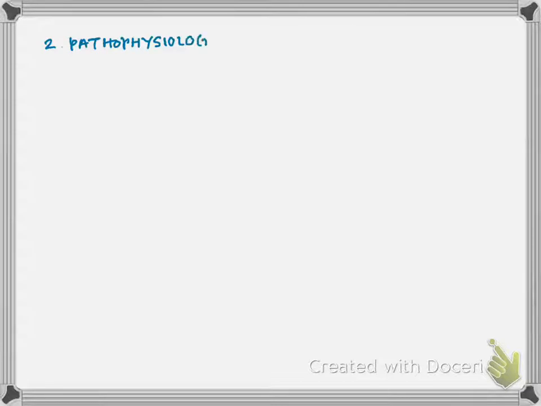So in terms of the pathophysiology, we have primary ventricular ischemia, meaning decreased blood flow to the ventricles as a result of any of these, the etiology we just went over.